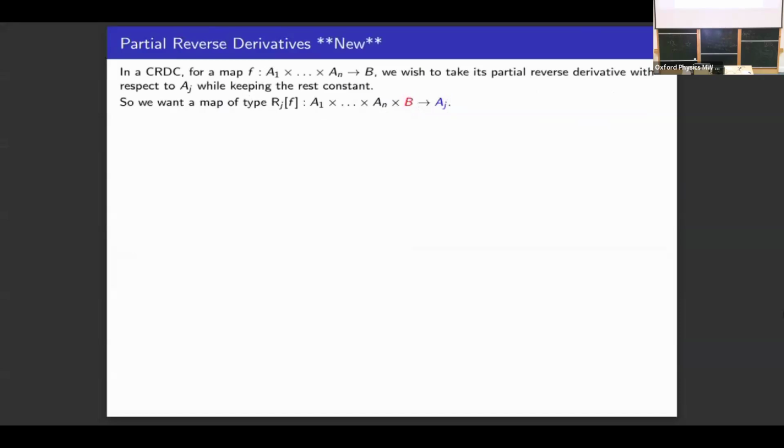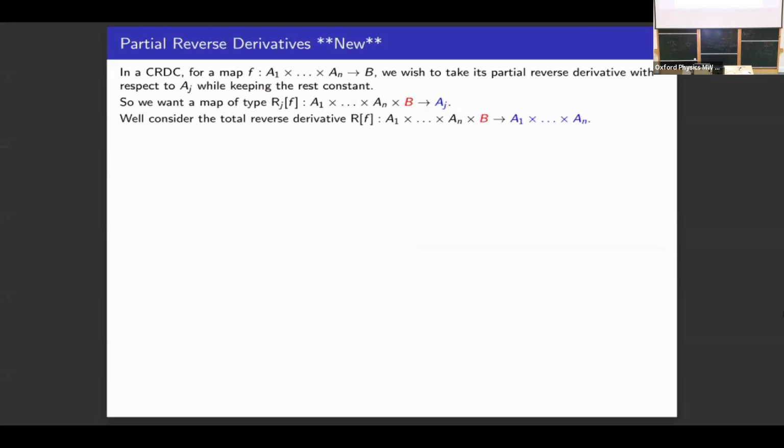So let's do this for reverse differentiation. In a Cartesian reverse differential category, we'd like to do the same thing. I want to be able to take my aj variable and take the reverse derivatives, but this time I have a b in the domain and an aj in the codomain. How are we going to do this? Let's first consider the type of the reverse derivative of this function.